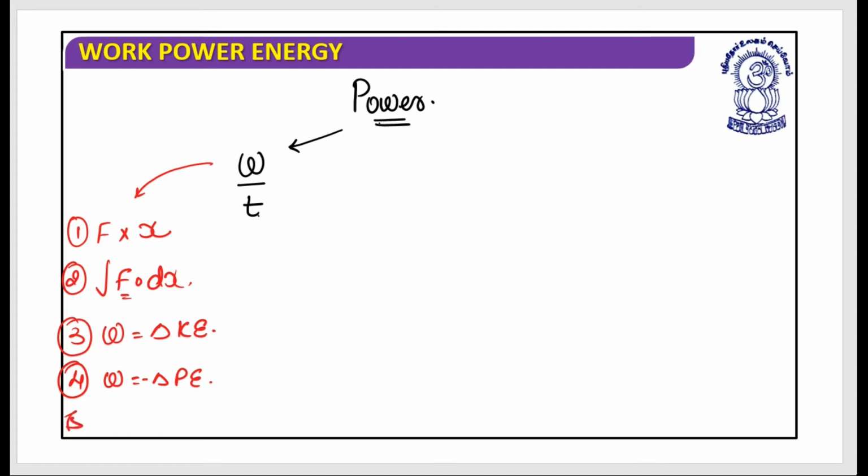One more approach is the graph of F versus x, where you calculate the area. These are not limited to this, but these are certain approaches from where you can get work done.